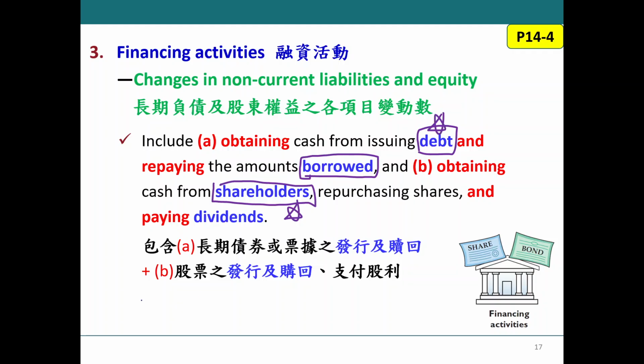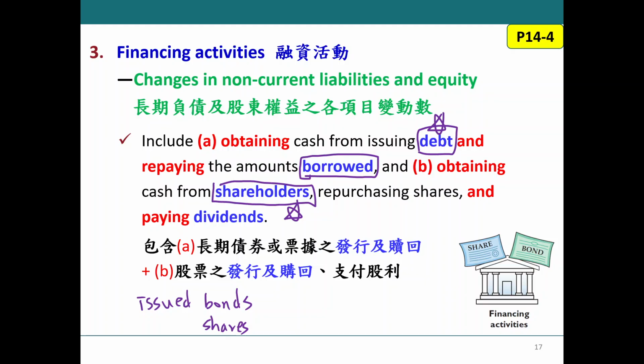So how? Issue bonds, issue shares, issuing stocks or issuing bonds, right? But don't forget, only issue the bond, issue the shares, don't forget. In the end, you should do what? Pay the money back, right?